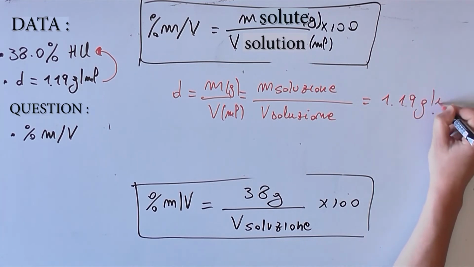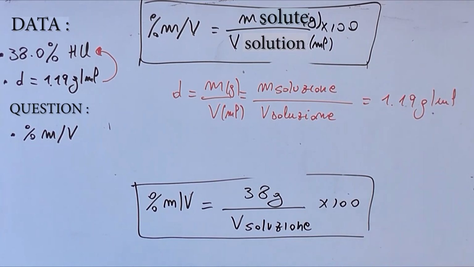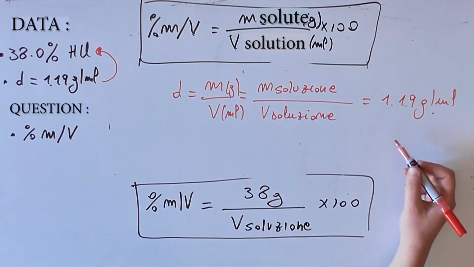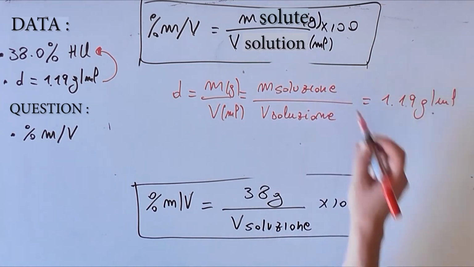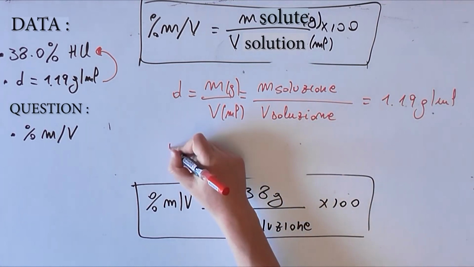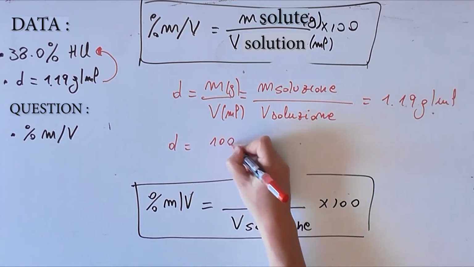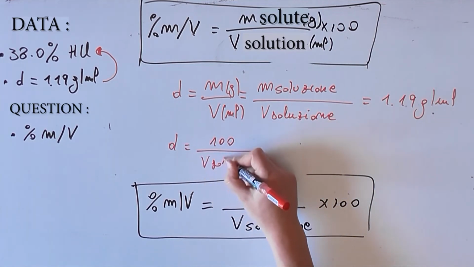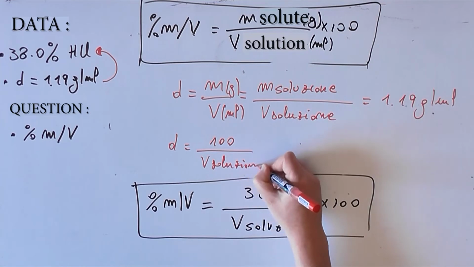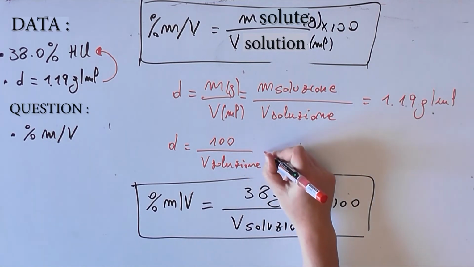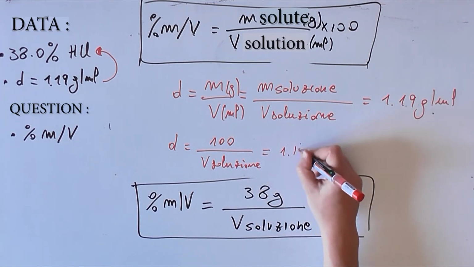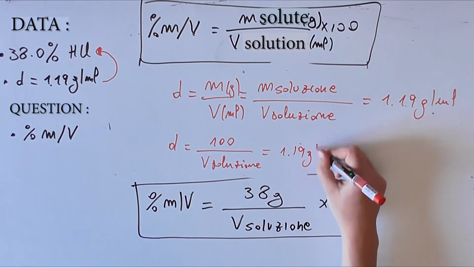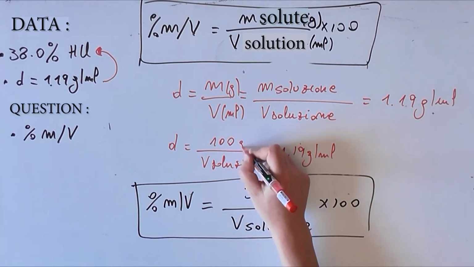1.19 grams per milliliter. Since I know now that the mass of solution is 100 grams, I can write it here: 100 grams divided by the volume of solution is 1.19 grams per milliliter.